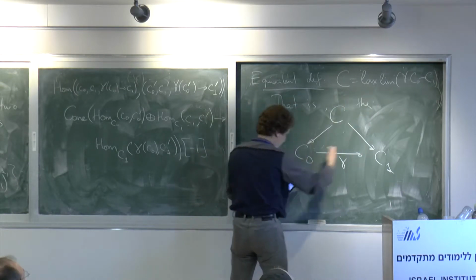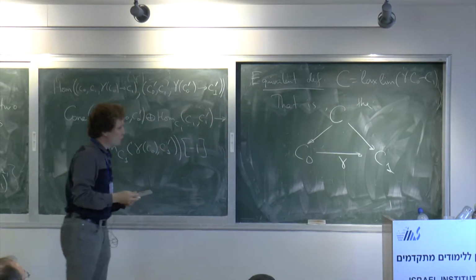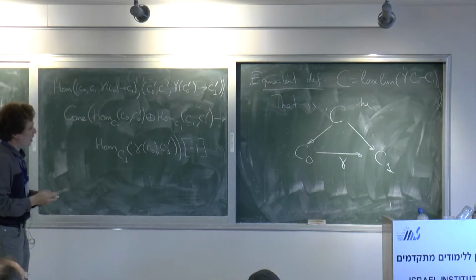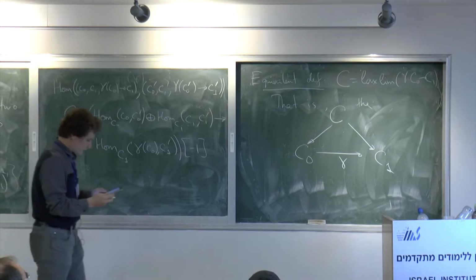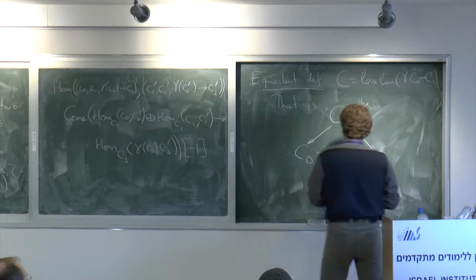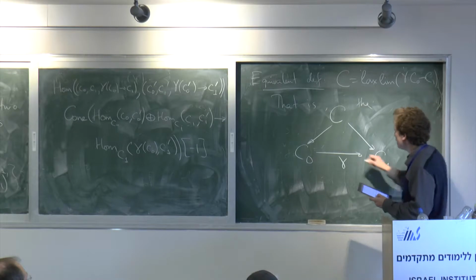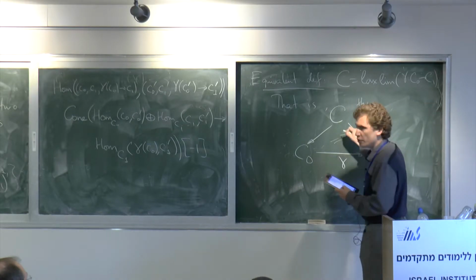Part of the input data is this functor from C0 to C1. However, this diagram is not supposed to commute. There is only supposed to be an arrow in one direction.